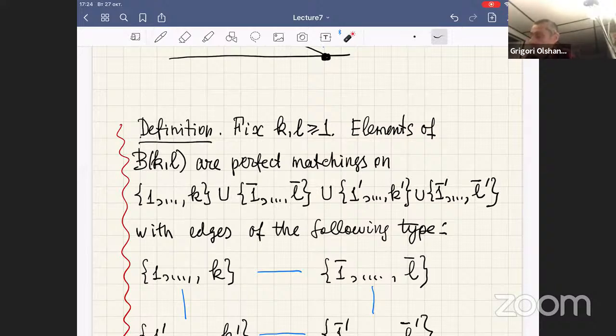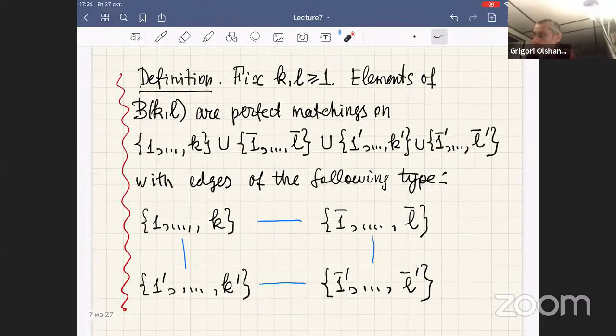These are on the top level, and these are on the bottom level. So we have the disjoint union of this set and this set at the top.